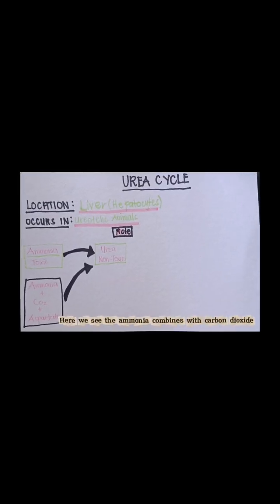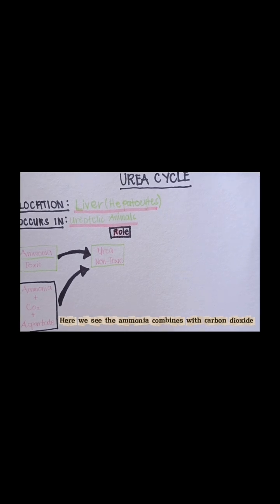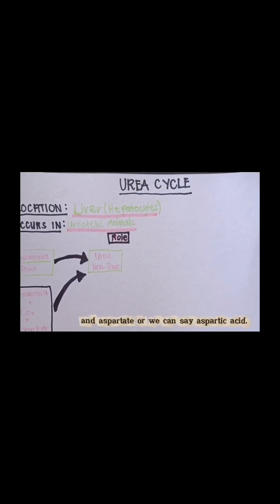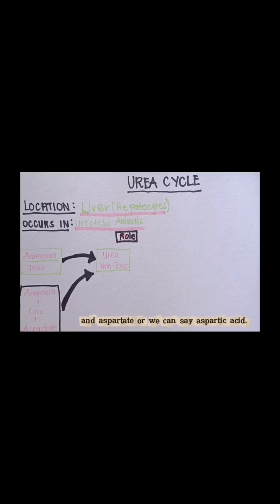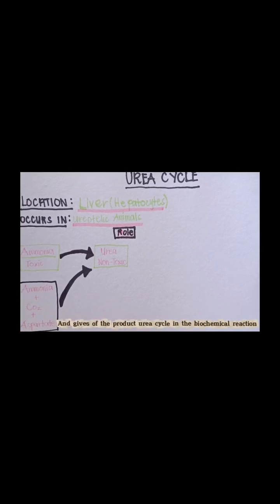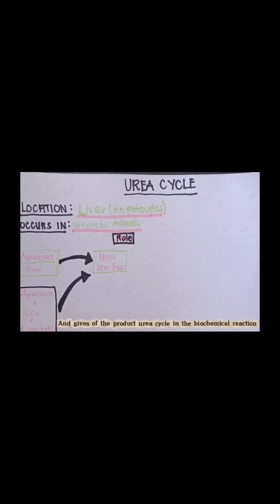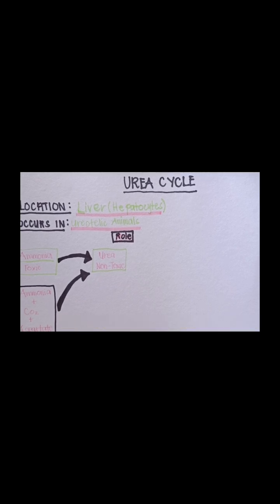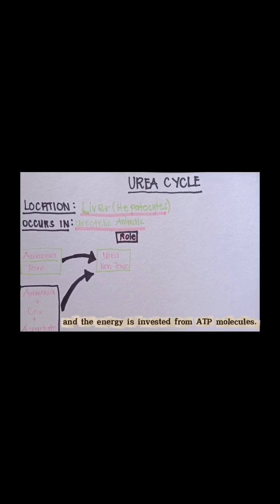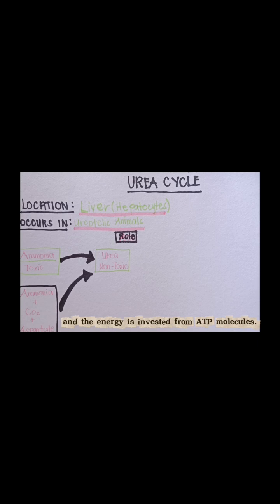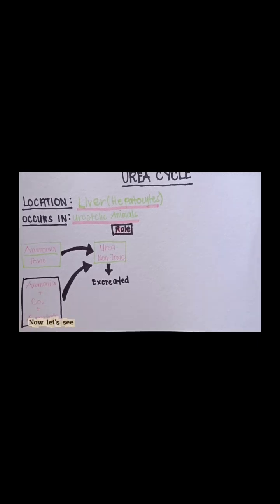Here we see the ammonia combines with carbon dioxide and aspartate, or aspartic acid, and gives off the product urea in the biochemical reaction, and the energy is invested from ATP molecules.